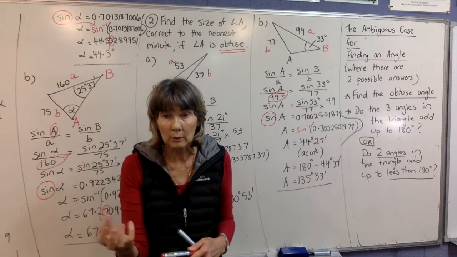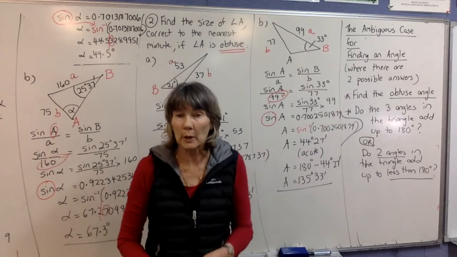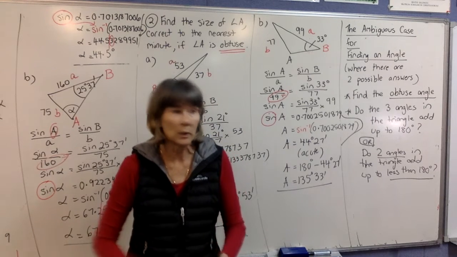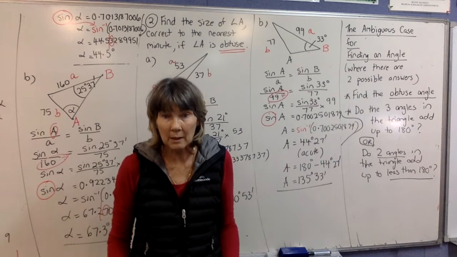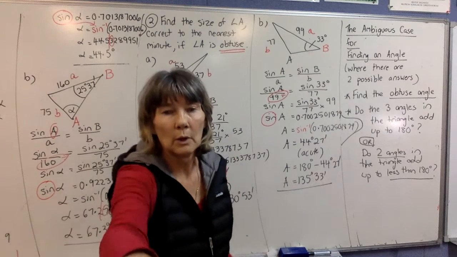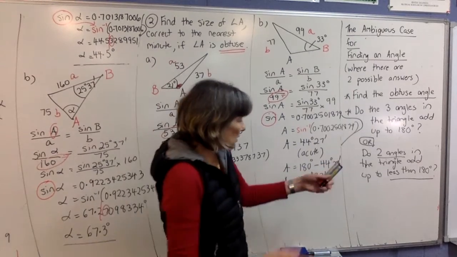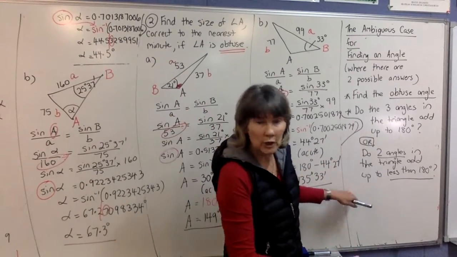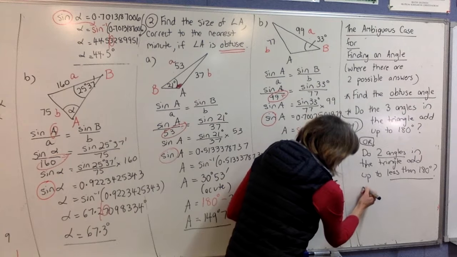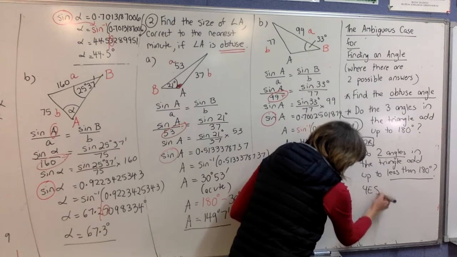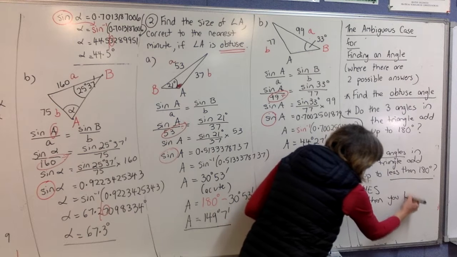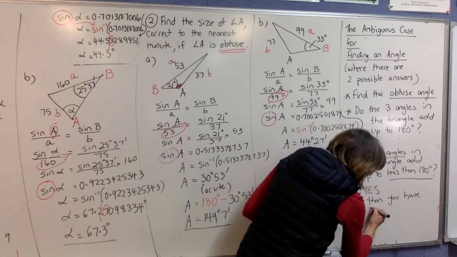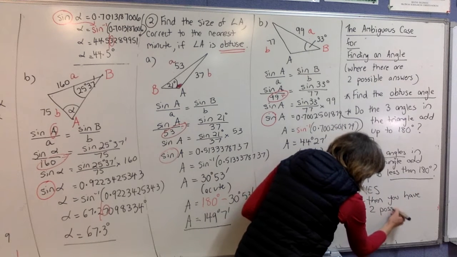But what will happen in some situations is 2 of the angles will add up to 195 degrees. That's too big. So that's impossible. Okay? So if the answer to this question is yes, then you have two possible answers.